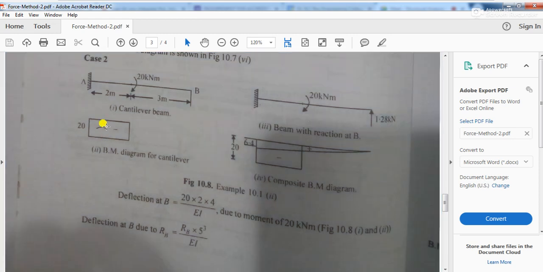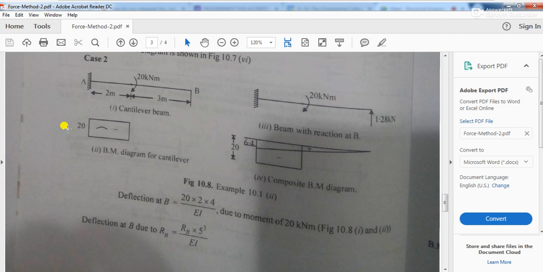Okay. After getting the M by EI diagram, what do you do? You take the moment of that area. Which area? The area of the moment diagram, about the point where you want to find the deflection. That is actually the moment area theorem, right?